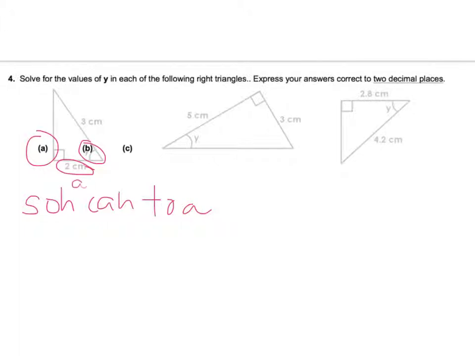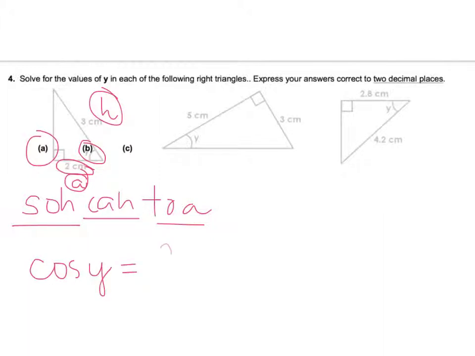Adjacent. What about the 3? Hypotenuse. So what do we have? An A and H. Refer to the SOHCAHTOA. What can we use? Cosine. So cosine of y must be equal to adjacent 2 over hypotenuse 3.